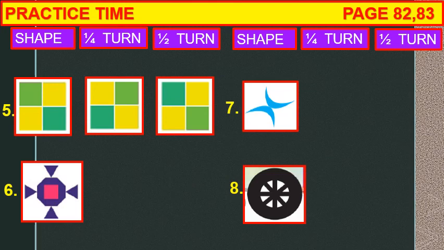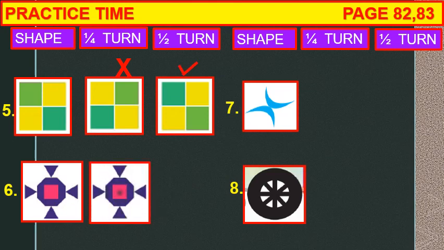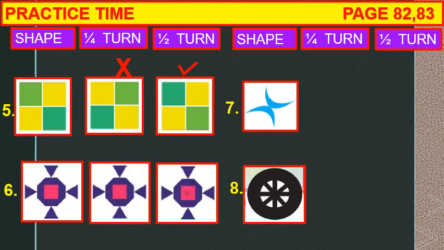Now let us consider the sixth shape and give a 1/4 turn and half turn. So both the shapes formed by giving a 1/4 turn and half turn to the original shape will look the same as the original one.